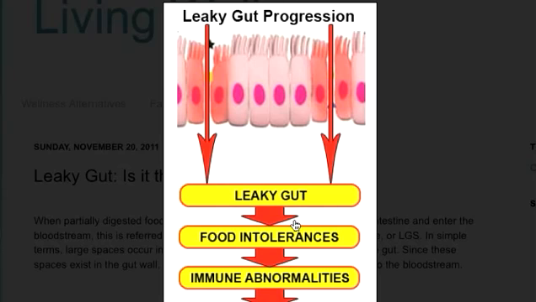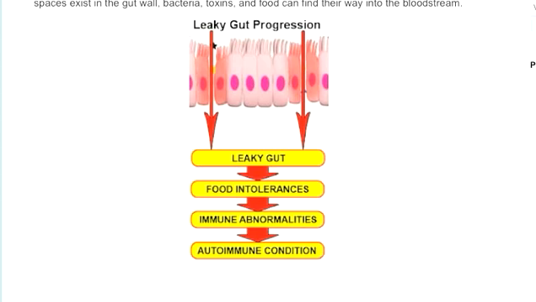This is why doctors can keep taking you through the same rigmarole by prescribing more and more medicines. Immune abnormalities then go to autoimmune conditions, and basically that means your immune system gets used to working in a broken state, and it won't do the job.